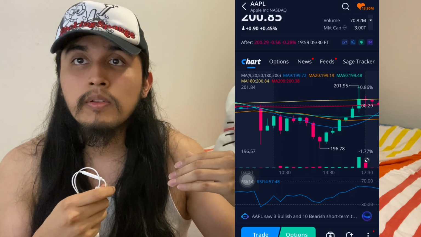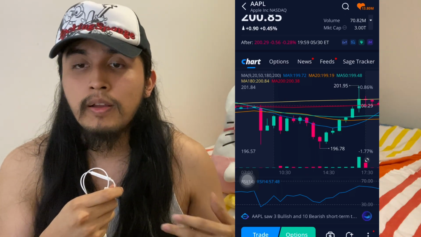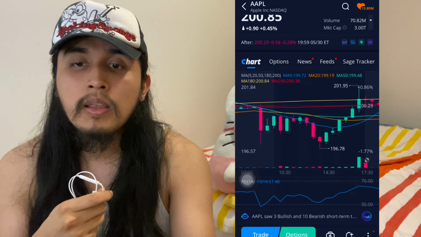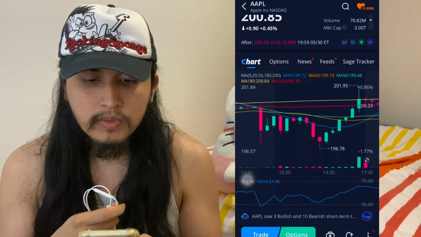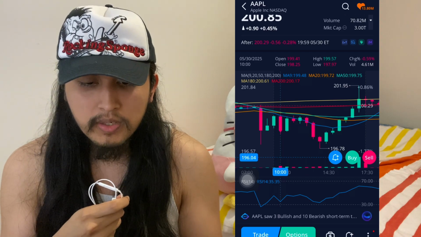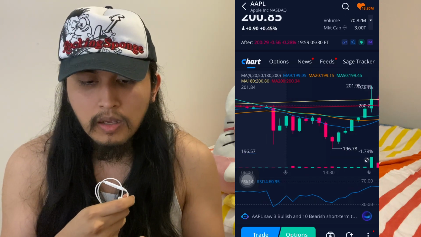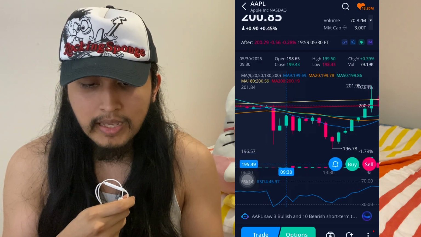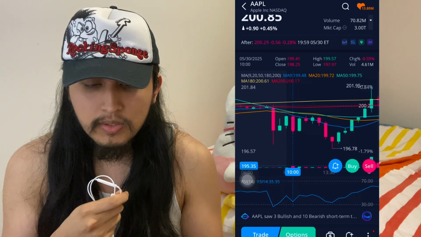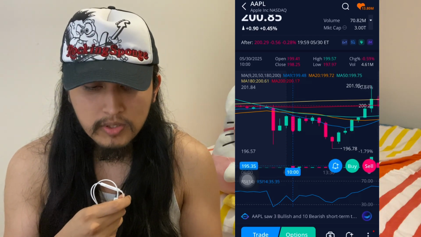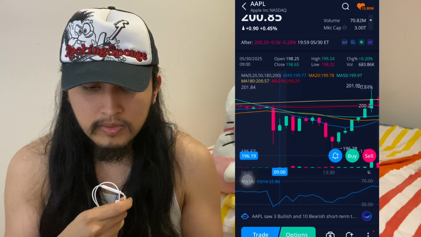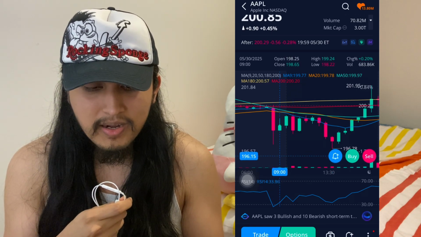You'll decide to either play calls or puts on that particular stock. So let's say my plan with trading Apple today would be playing put options as soon as it approaches the 9-day moving average, wait for a rejection, and then sell out the position as soon as it reaches these pre-market levels of 198.